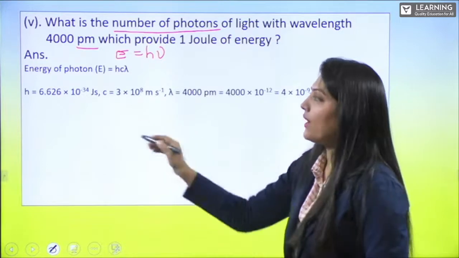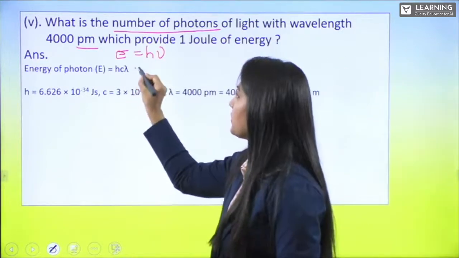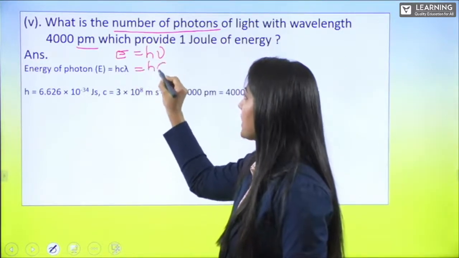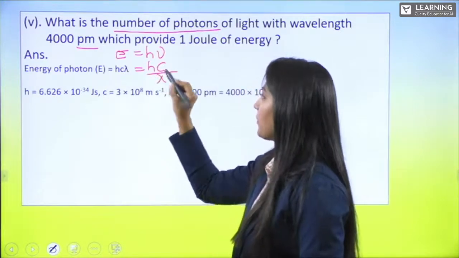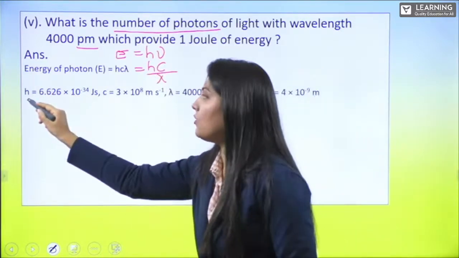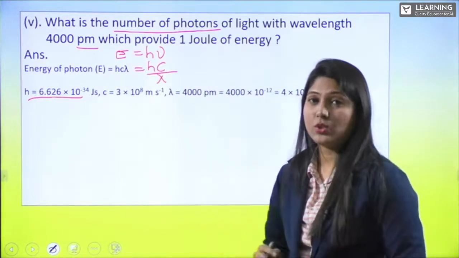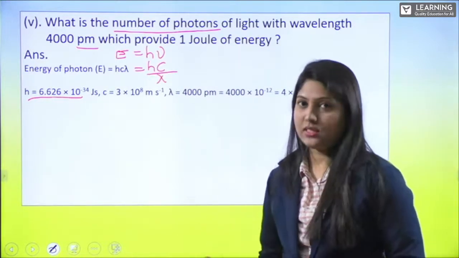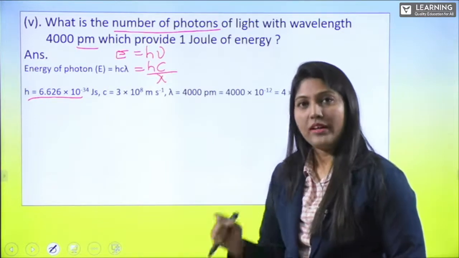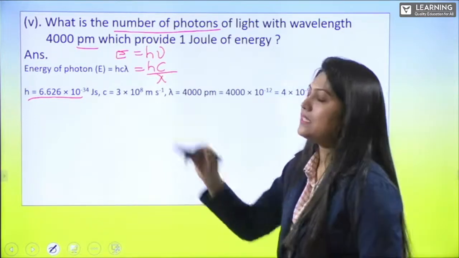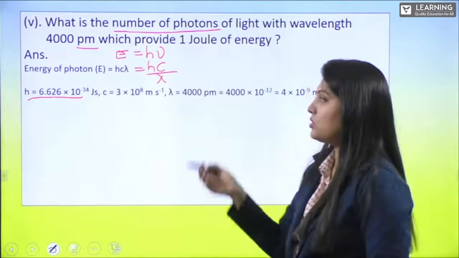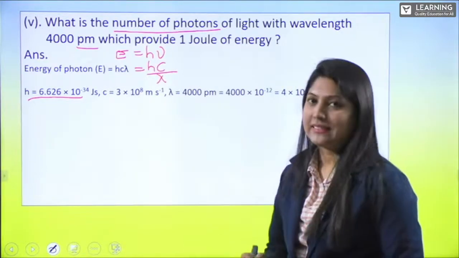Here, what is the value of h? As I said in the previous sessions, h is Planck's constant and it is a constant we need to remember. It is 6.626 into 10 raised to minus 34 joule second.